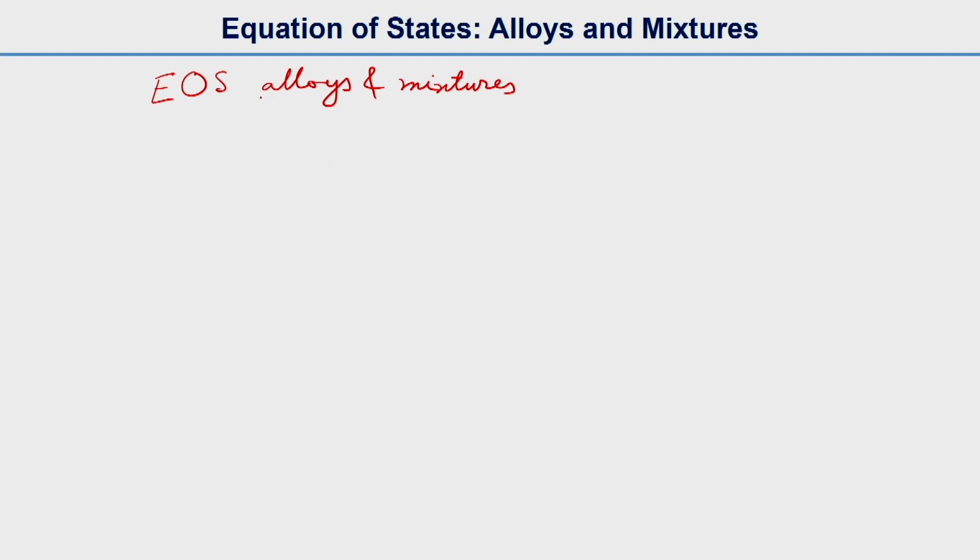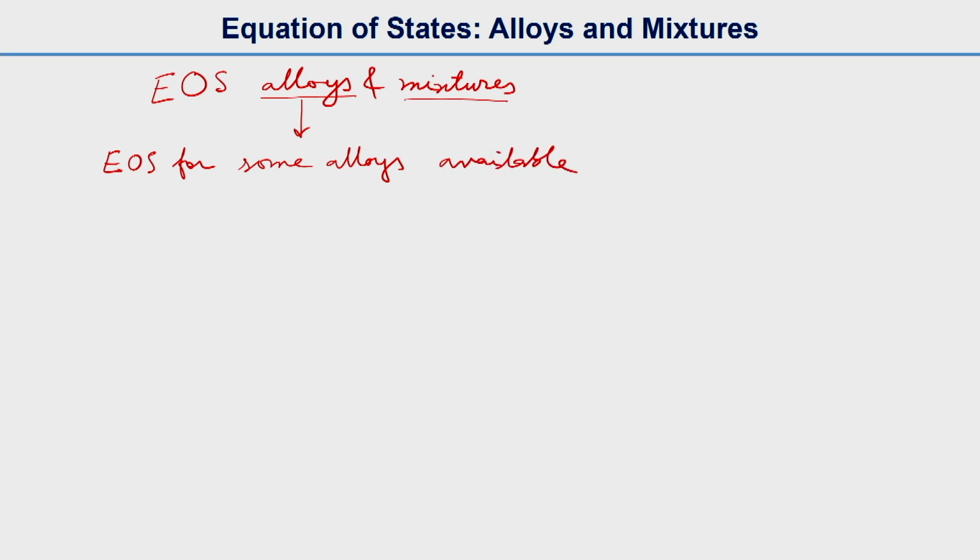So the equation of state for alloys is not very easy, although it is easier for mixtures. We know that for many alloys the equation of state is already available in the literature.